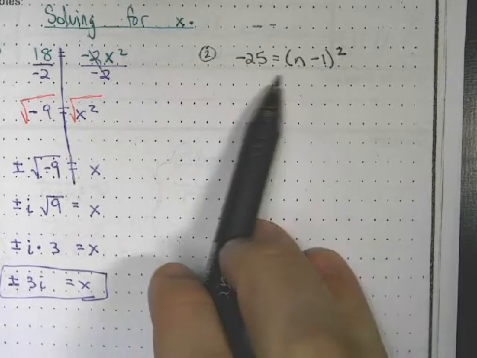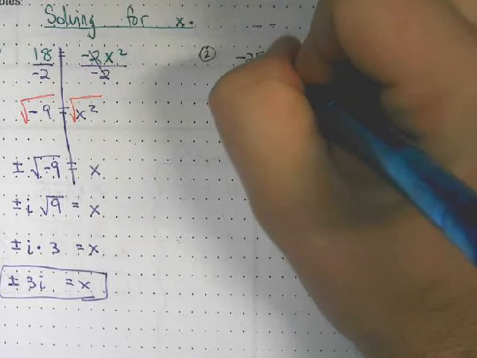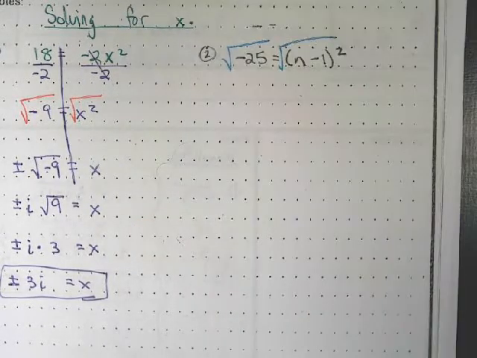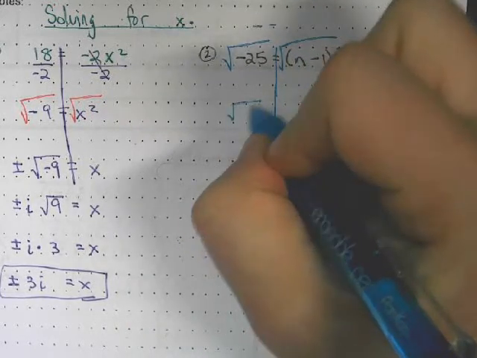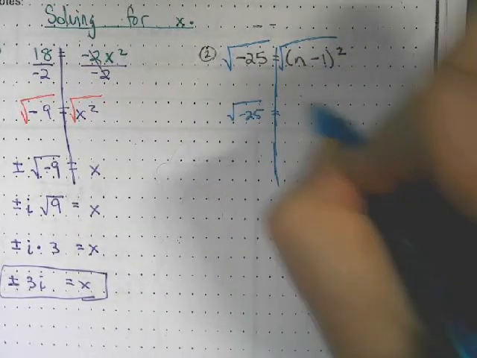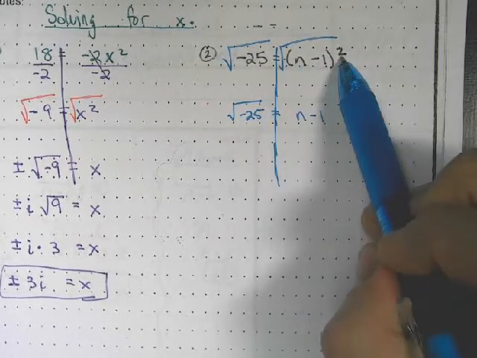Well, our square is already isolated, so we can go ahead and take the square root of both sides. So now I have the square root of negative 25 equals n minus 1. Square root got rid of the square.